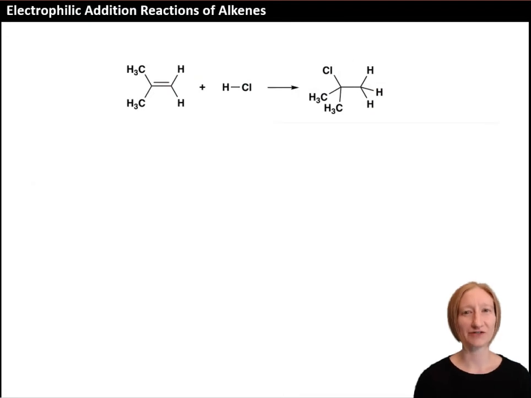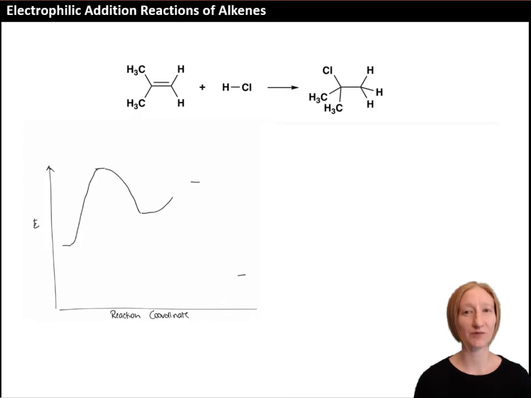Now let's look at the energy diagram that corresponds to the reaction we just saw. These reactions are exergonic, meaning the products are lower in energy than the starting materials. And there is an intermediate and two steps, which means the energy diagram will show two transition states, one for each step.